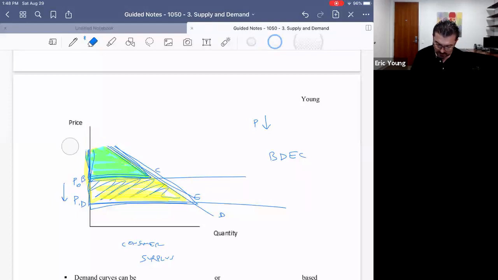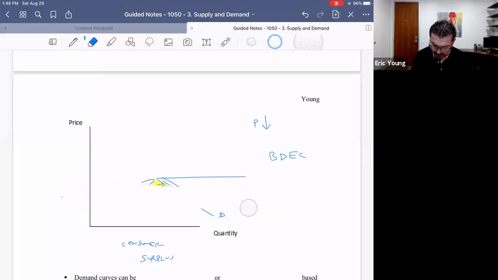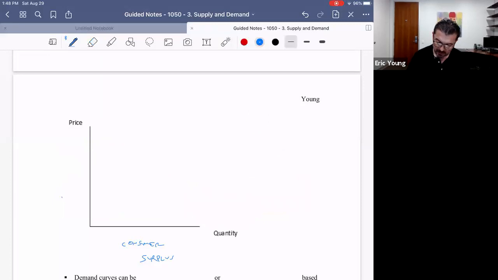Now we can also make the argument about what would happen if price would go up. So let's try that. You can predict prices go up, not good for consumers, they'll be able to buy less, we're not happy. We're going to predict that consumer surplus will fall. Let's figure it out. We start off with the demand curve and we start off with the price, which we're going to call P0.